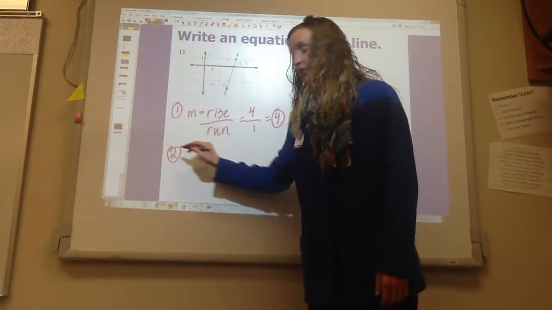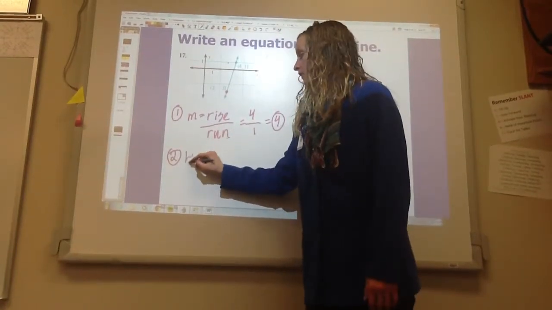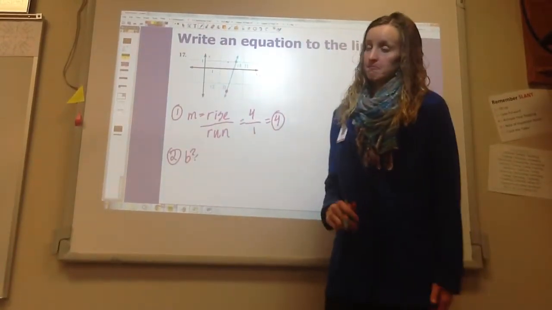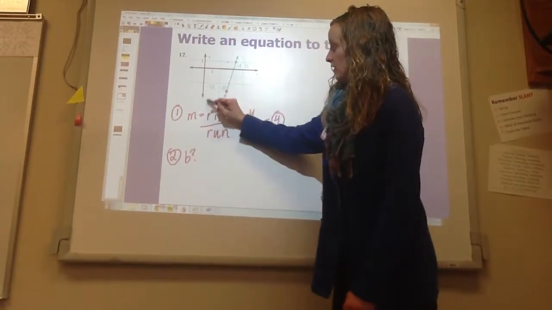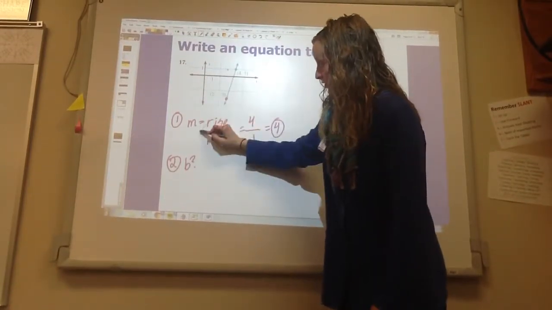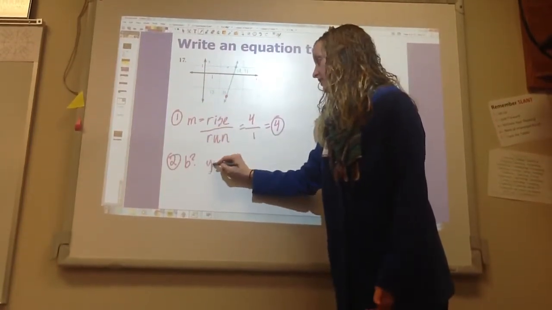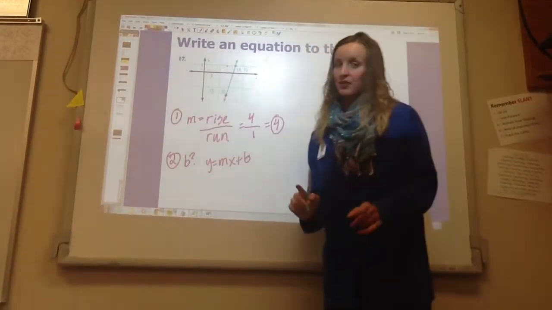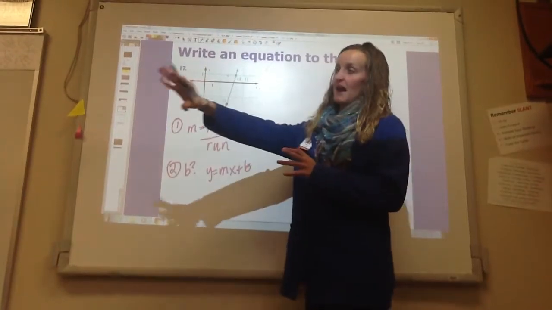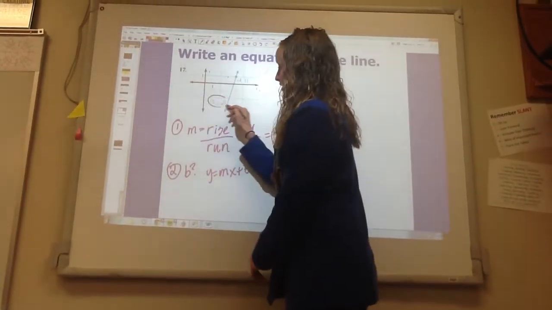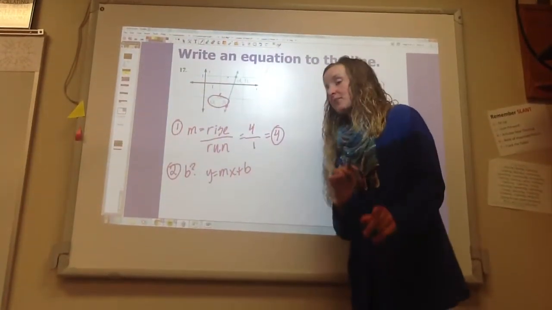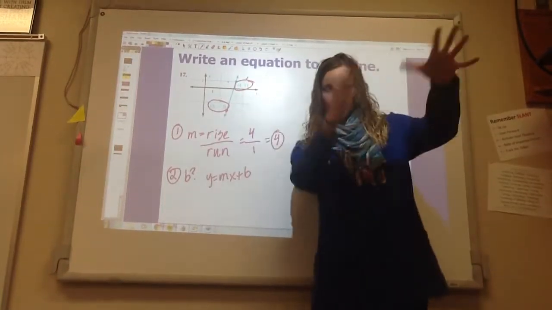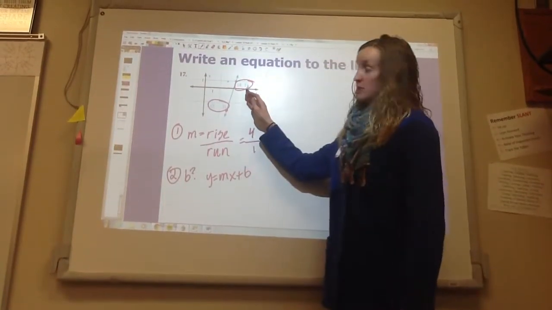Second step is to find your b-value, your y-intercept. So you're trying to figure out, this is your y-intercept, in real life it should be negative somewhere. Well, let's see if that's going to come true. So we have y equals mx plus b. Now the cool thing that I would have you do in class is I would split up half of you, and I would say, use this as your coordinate, and see if you get the same y-intercept as this half plugging this point in.